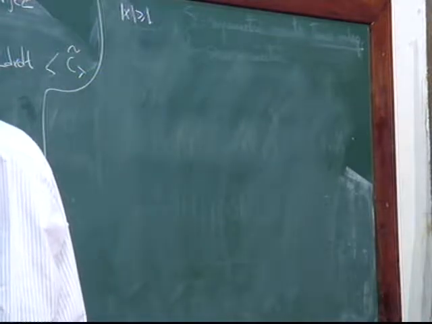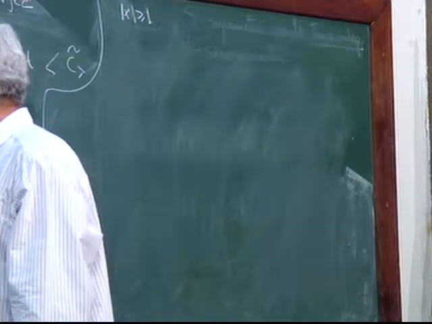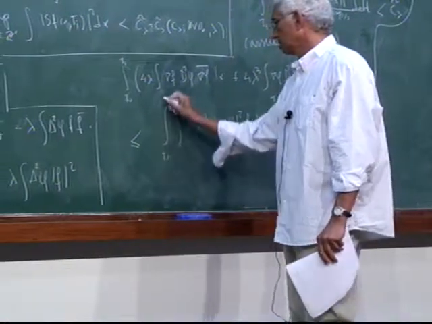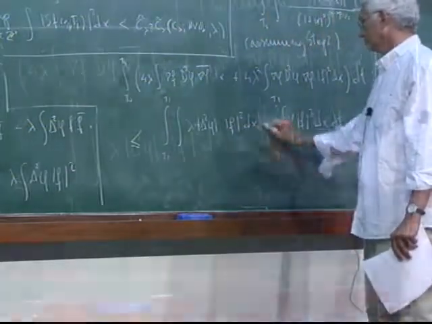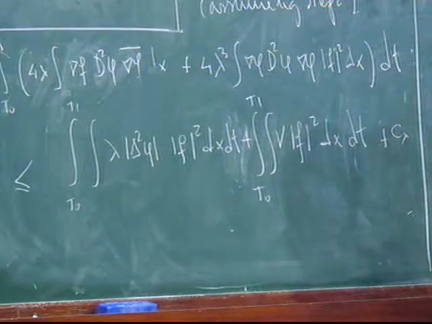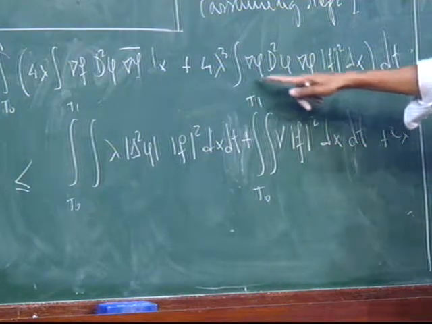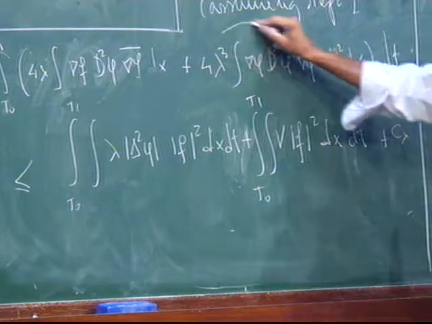I will put lambda, absolute value of the second derivative here, the integral in x, the integral in time, dx dt. If x is larger than 1, look only at this part. How big is this? Look at term 1.